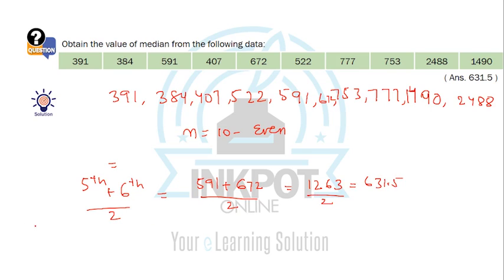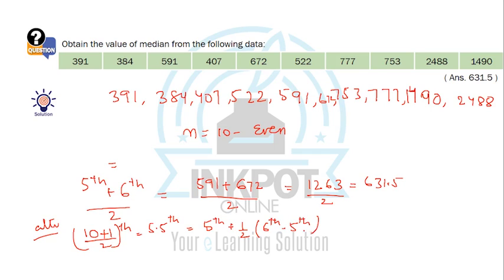There is one more alternative method of solving it. If I check by the standard formula, that is 10 plus 1 upon 2th observation, that we did in the odd one, that is 5.5th observation. So that will be equal to 5th observation plus half of the difference of 6th minus the 5th observation. That means this 0.5, we get by subtracting the next value.